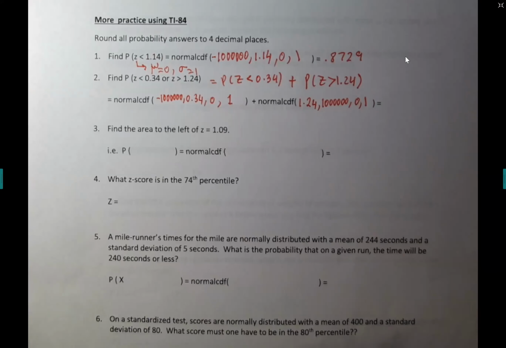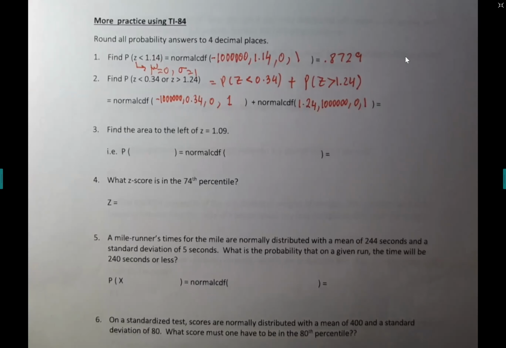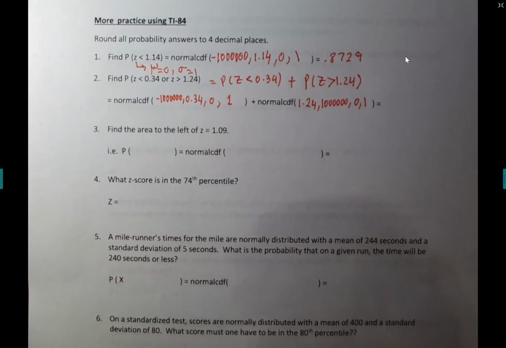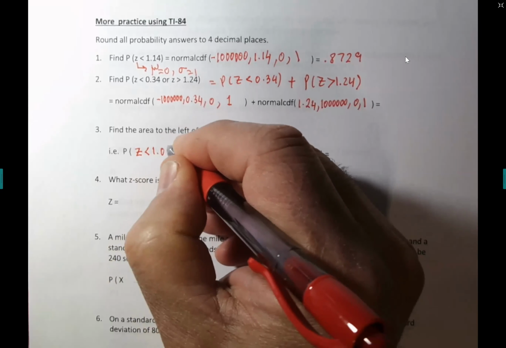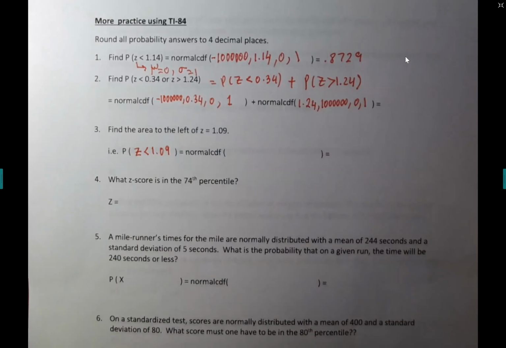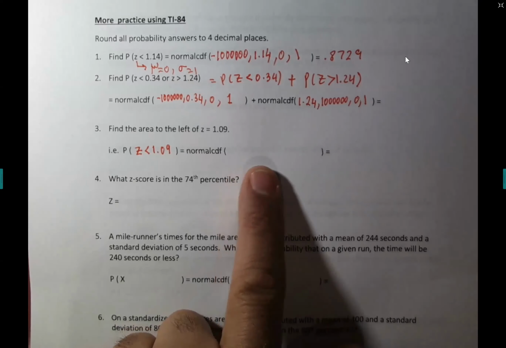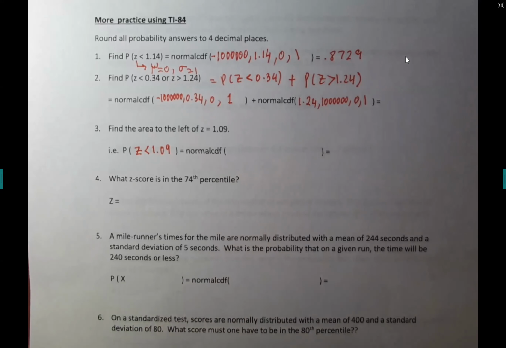Find the area to the left of Z equals 1.09. To the left of means a less than, to the right of means a greater than. Can someone tell me what would be the 4 arguments here, guys?